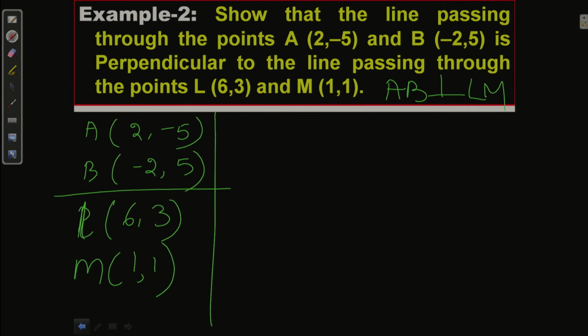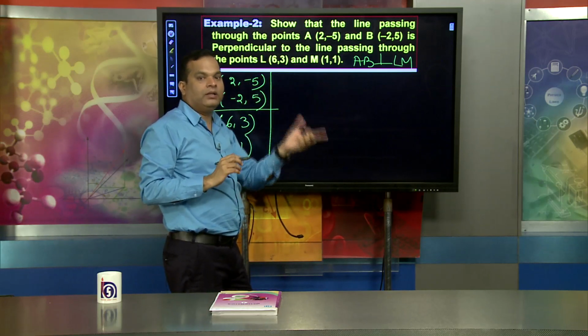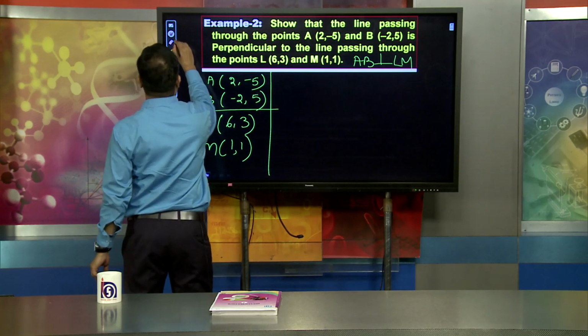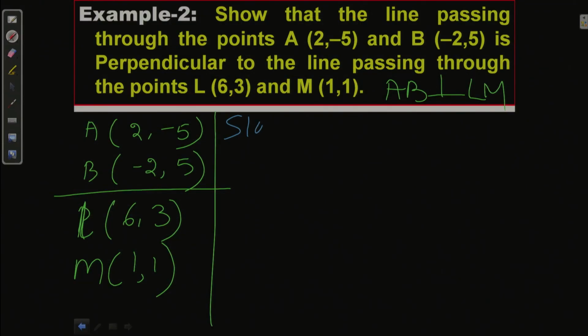Now in order to show whether this is perpendicular or not, first we have to find the slope of AB. Suppose the slope of AB is M1.